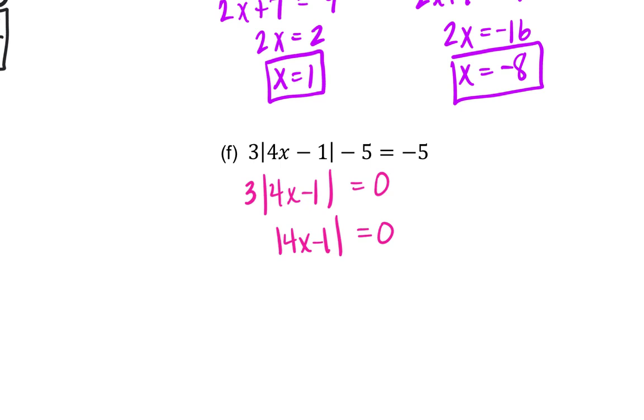0 doesn't have a positive and a negative side. Okay? Since absolute value of 0 does not have a positive or a negative side, you only have to do it once. Because there's not two scenarios. 4x minus 1 equals 0. 4x equals 1. X is 1/4.